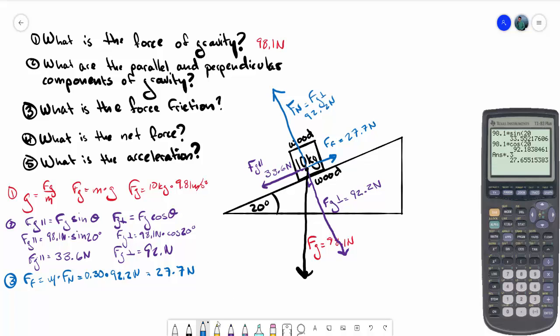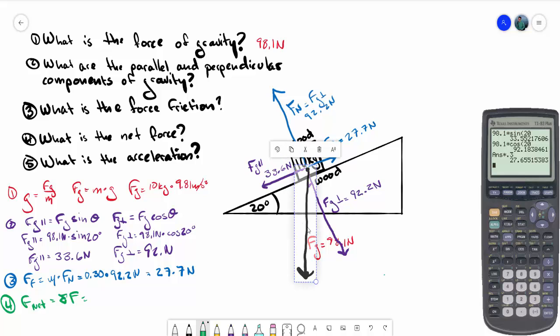The next question reads, what is the net force? And the net force is the sum of all of these vectors. So F net is equal to the sum of all of these forces. If we add up these forces, let's take gravity, let's take the normal force, and let's take friction.